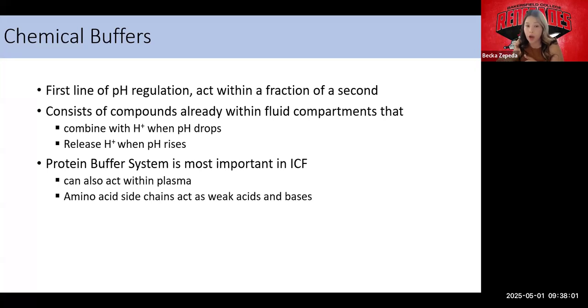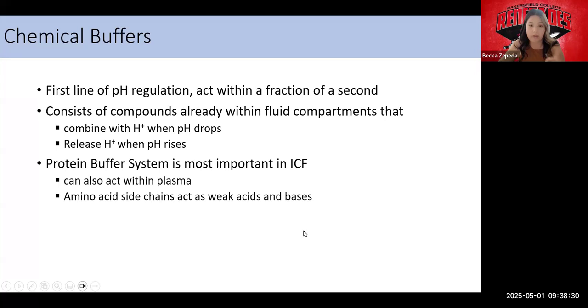So when pH drops, these buffers combine with those free-floating hydrogens to bring the hydrogen levels down and the pH back up. And when pH rises above normal, which means we don't have enough hydrogen ions available, they will release more hydrogen ions into the fluid compartment in order to bring that pH back down to normal.